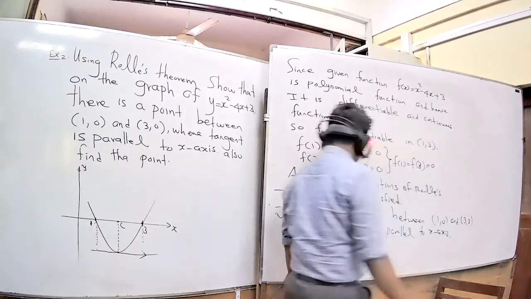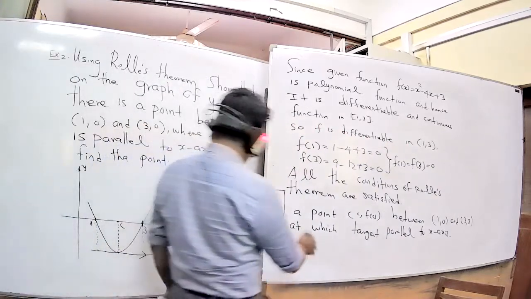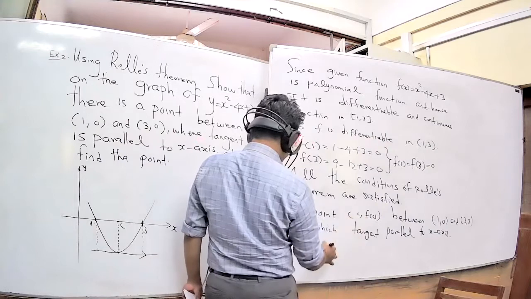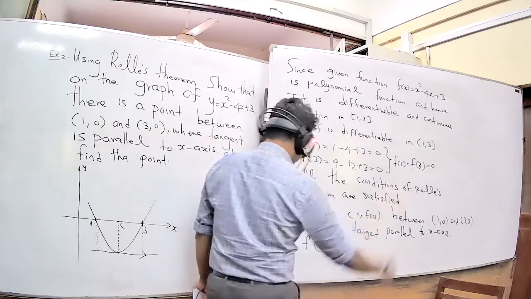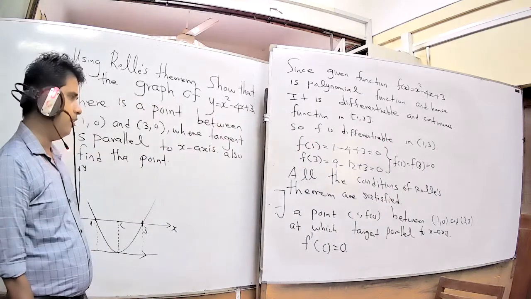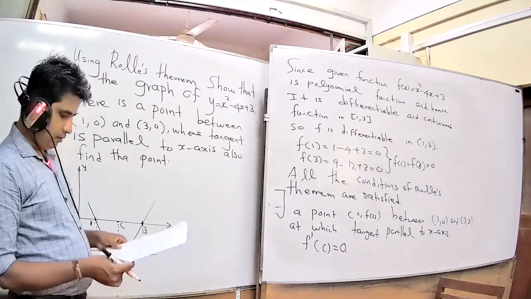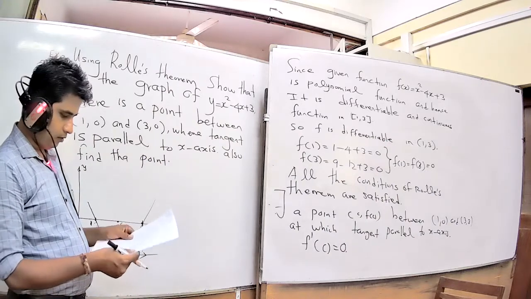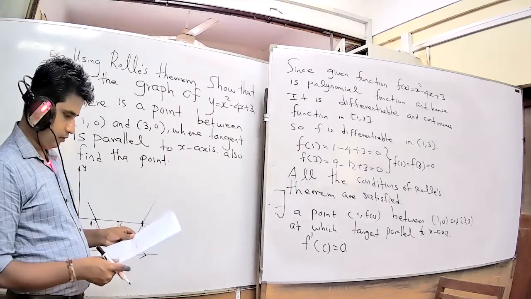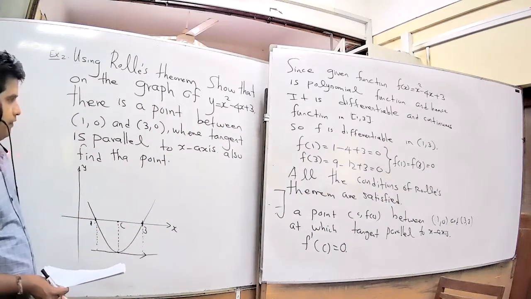So what is the condition? The tangent is parallel to the x-axis, that means f dash of C equals 0. Now you want to find the C value and the f of C value.